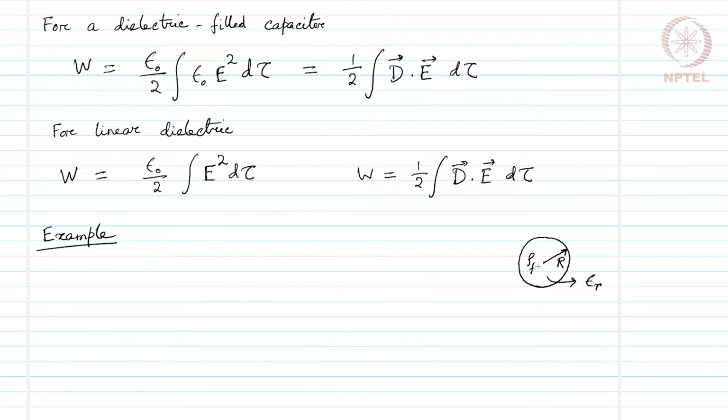Rho f is uniform and is everywhere in the sphere. We have this kind of a situation. What is the energy of this configuration? We are supposed to find the energy of this configuration.